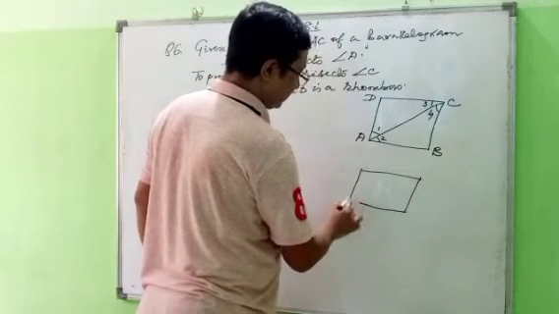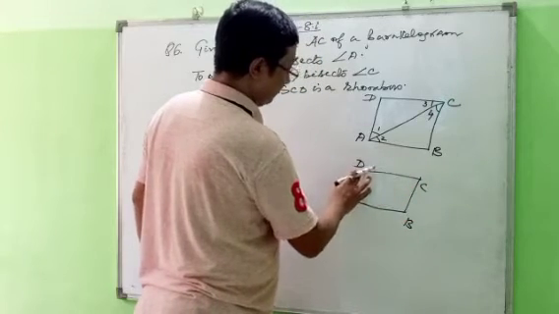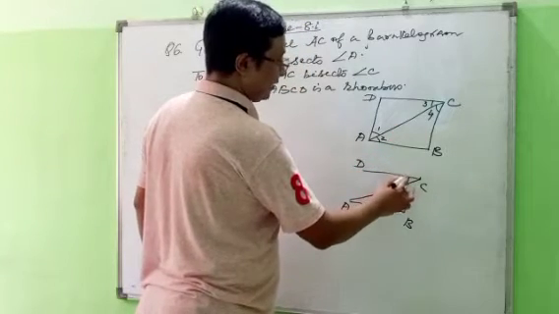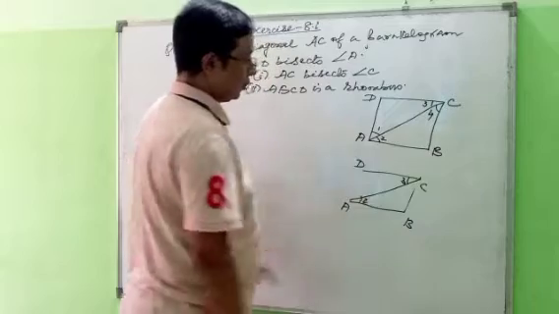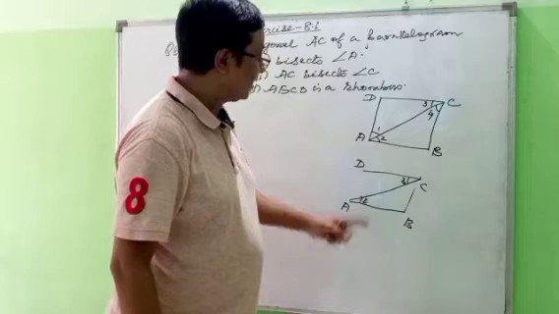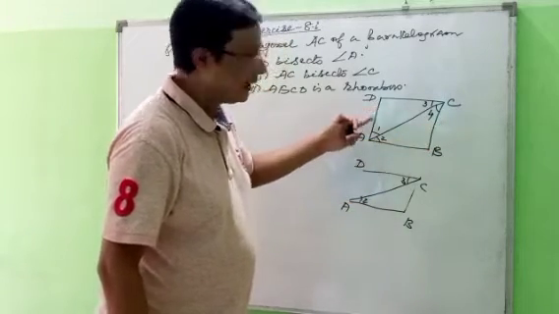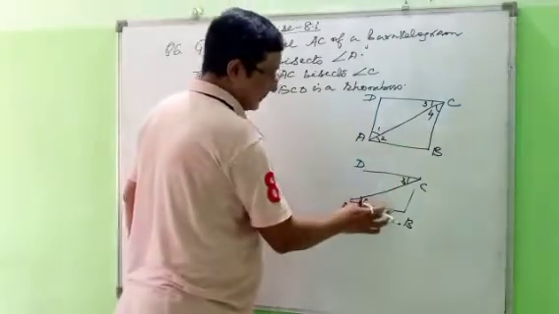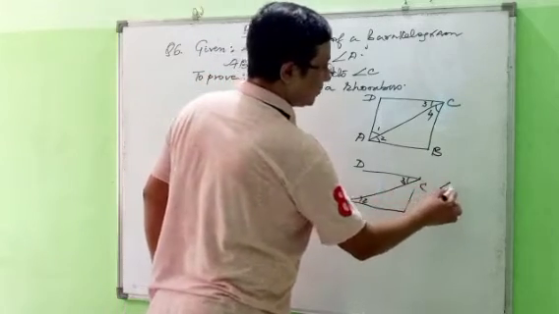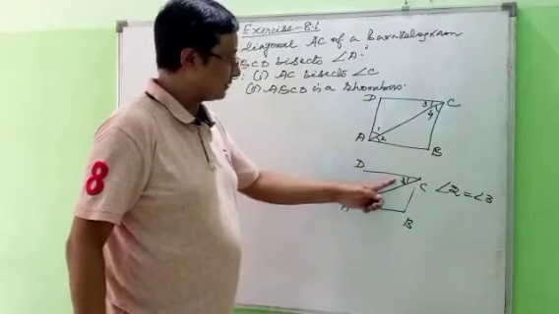Let us join AC. Here, as DC is parallel to AB, angle 2 equals angle 3. This is due to alternate angles.